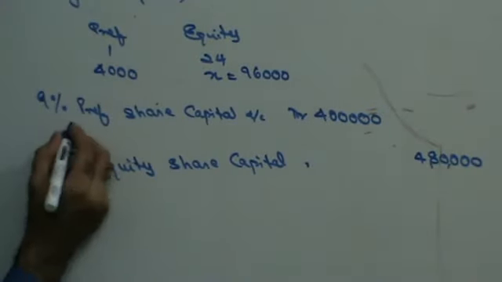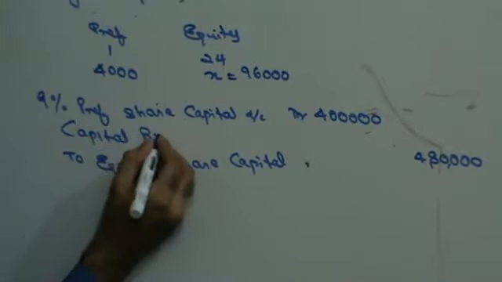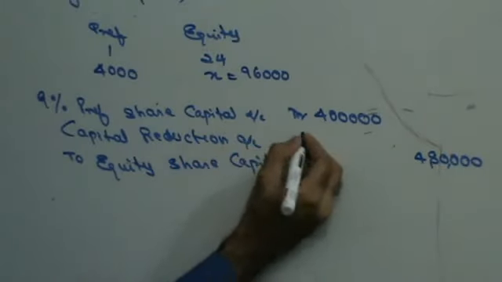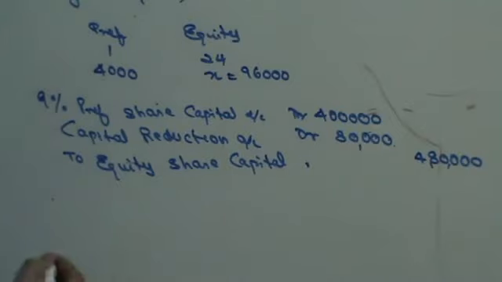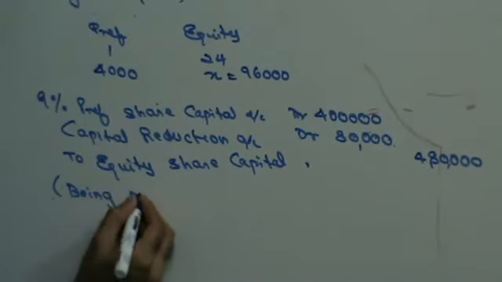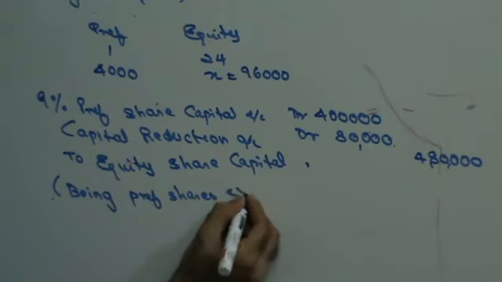The difference is to be written as capital reduction. 80,000, being preference shares exchanged.